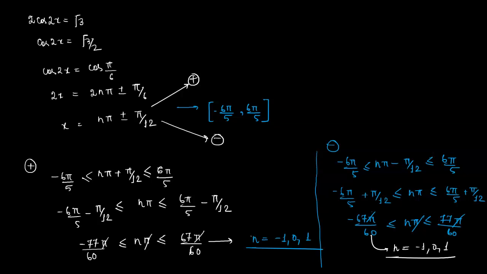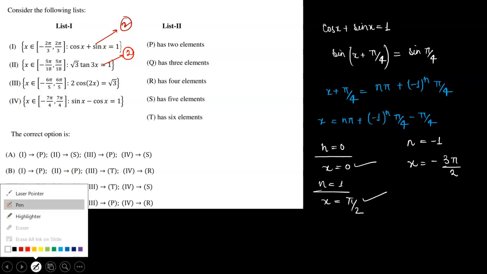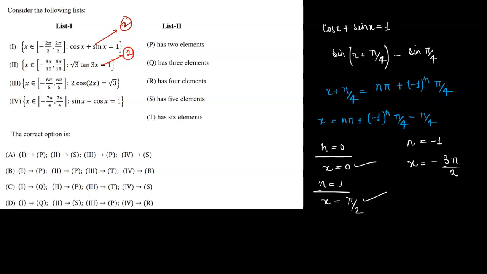So if there are three different solutions, then it will also have three more solutions for minus theta. So it will have six elements.